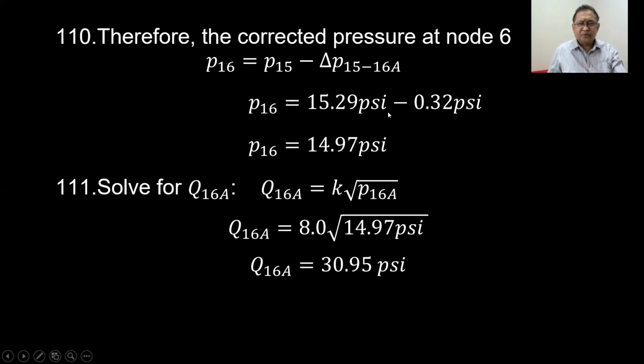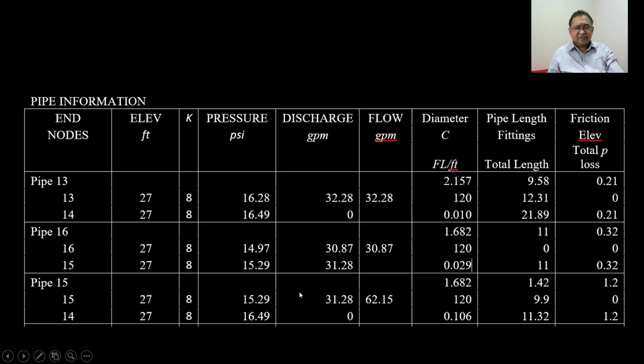So 15.29 minus 0.32 will be 14.97 psi. So we solve for the sprinkler discharge at node 16, which will be K times the square root of the pressure at 16 adjusted. So 8.0 square root of 14.97 will be 30.95. We can now tabulate our results here.